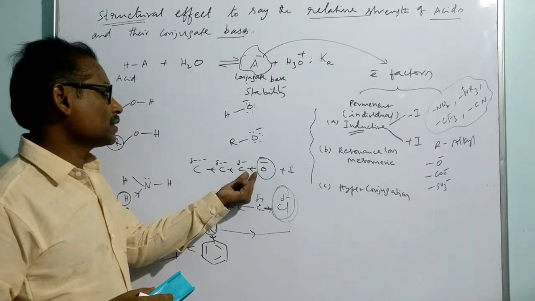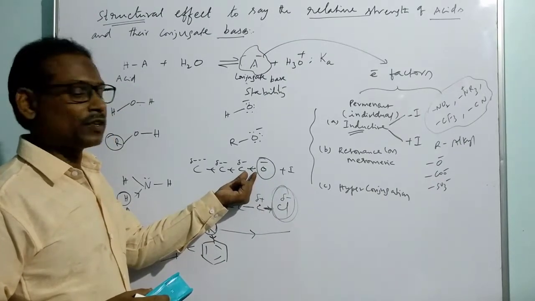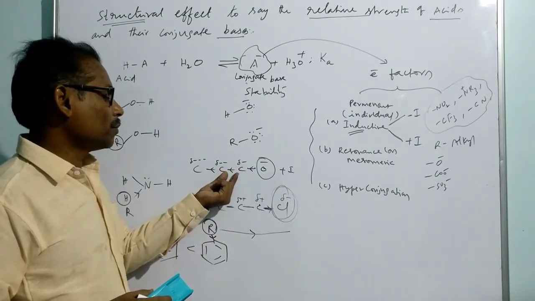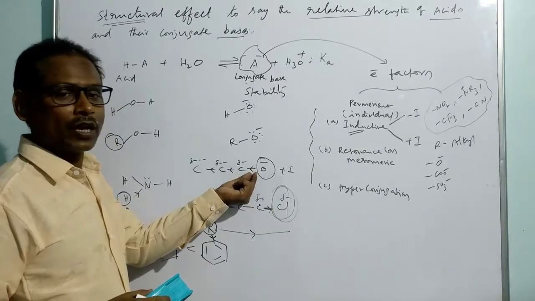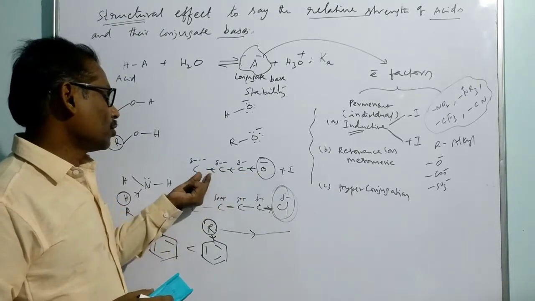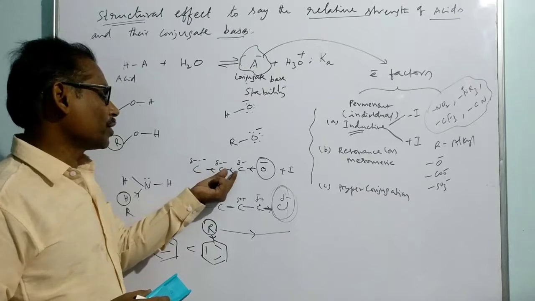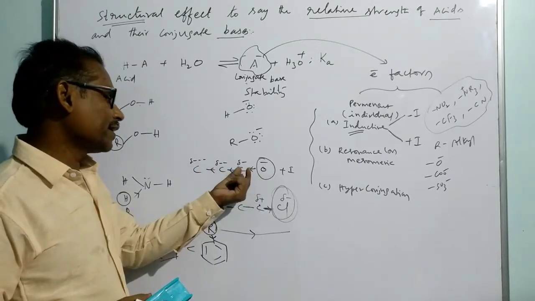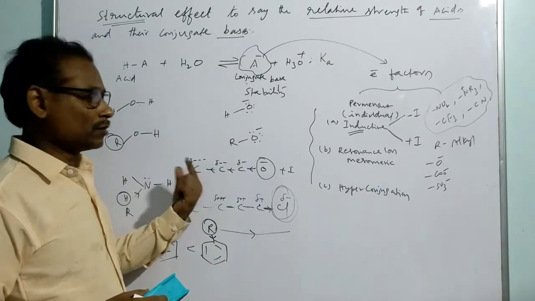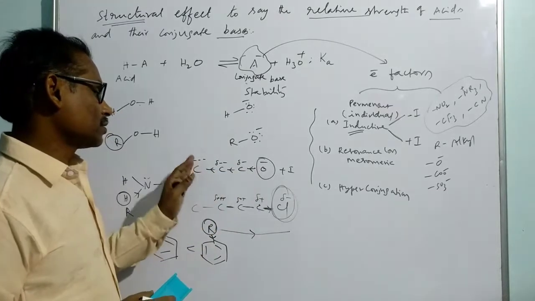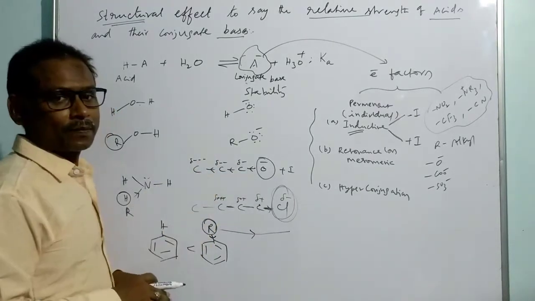This bond is polarized. The influence of that polarity will reach the next adjacent bond, but that is slightly lesser than this polarity, and furthermore the bond is polarized, it is still lesser compared to here. So the extent of polarity gradually decreases. It is because of inductive effect. It is considered up to a few atoms only.